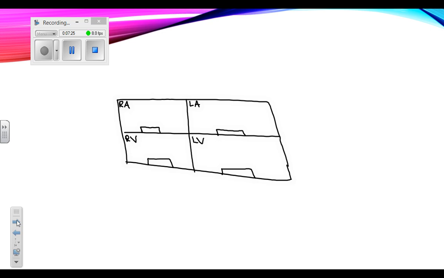There's also a valve between each ventricle and a blood vessel. So this one is called the tricuspid valve. This one is called the bicuspid valve. I wish it was the other way around because then it would be alphabetical, but it's not.